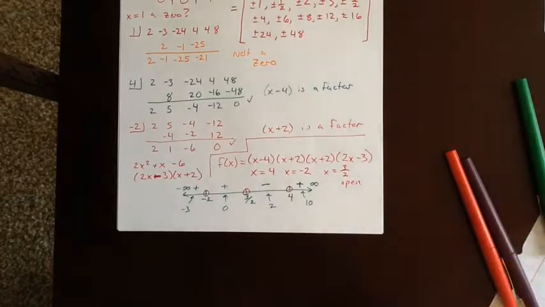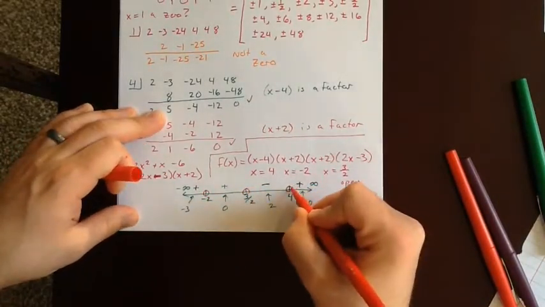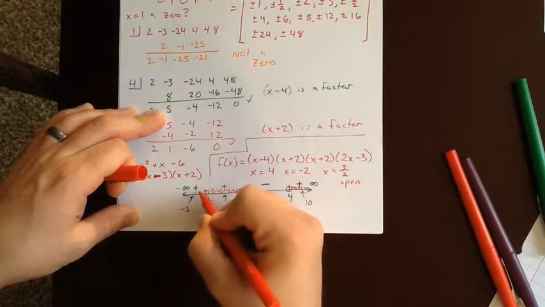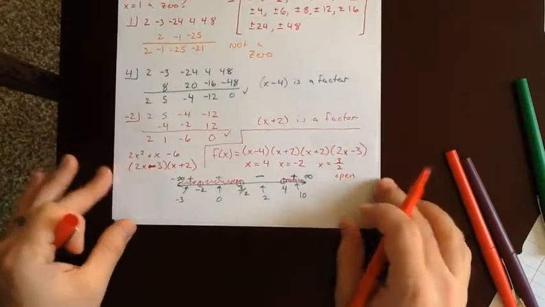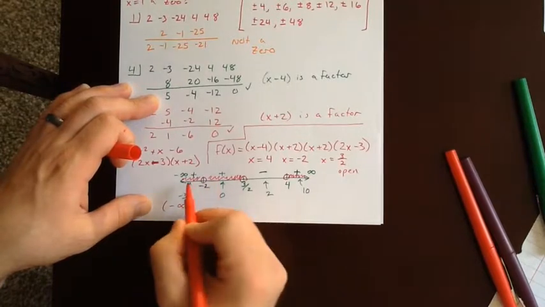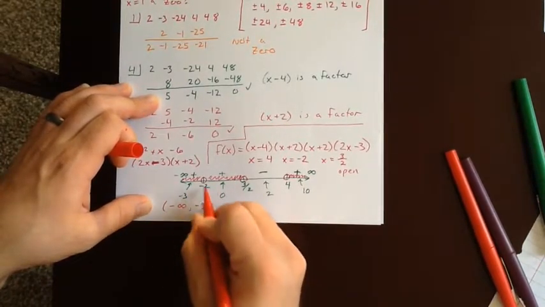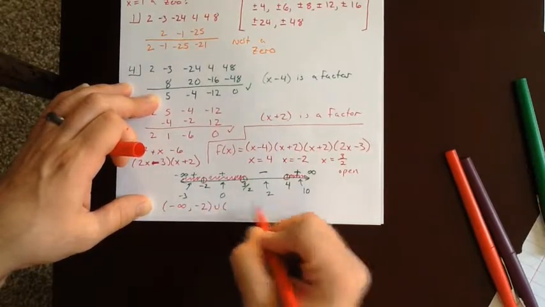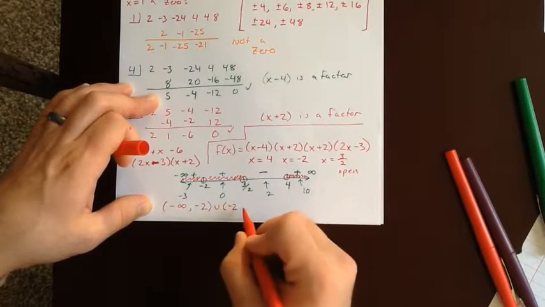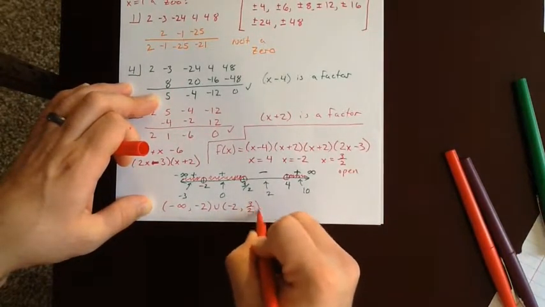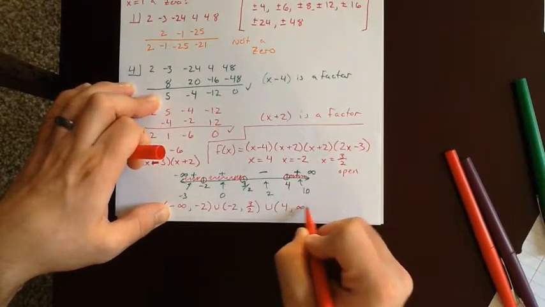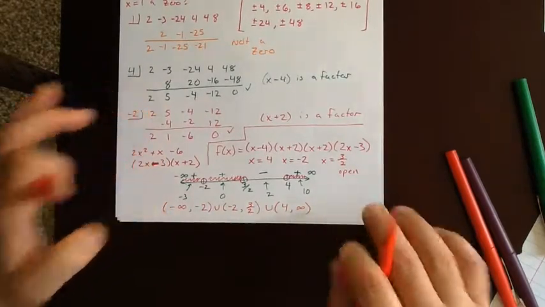So the regions that we desire are this region, and from this region to the left, giving us a solution set of -infinity to -2, but being an open bracket, we have to skip over it because we cannot use it in our polynomial in this situation, to 3/2, and then from 3/2 moving up to 4 to positive infinity. And that is the solution set.